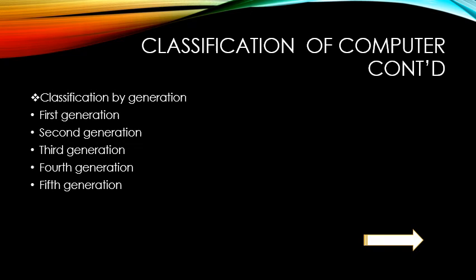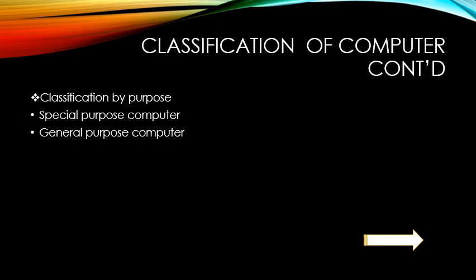The first classification is the classification by nature of data. The second one is classification by size, while the third one is the classification by generation. For classification by generation, this is where we have the first generation computers, the second generation, third generation, fourth generation, and fifth generation.